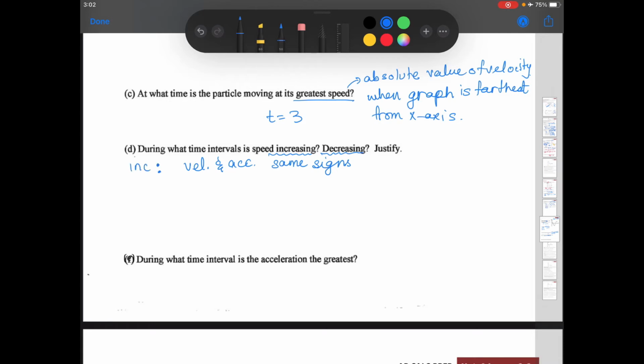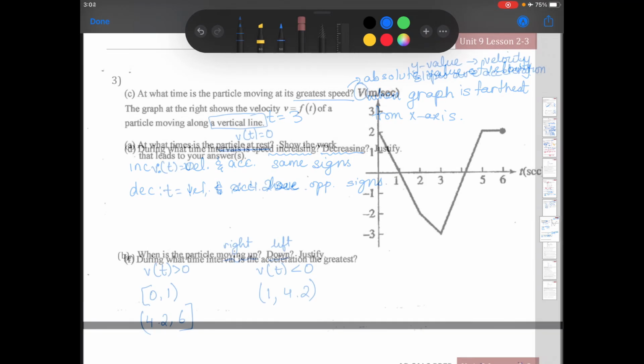Let's write this down. Increasing when velocity and acceleration have the same signs. Decreasing when velocity and acceleration have opposite signs. One is increasing and one is decreasing.